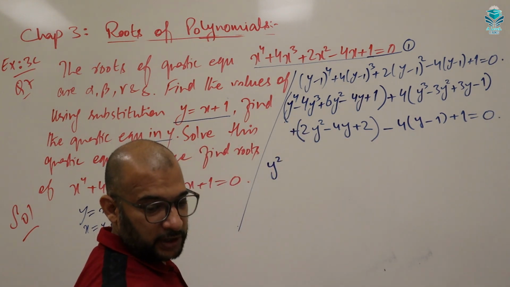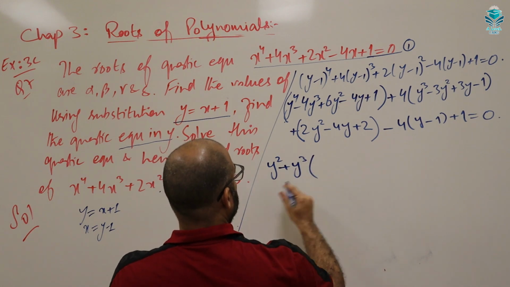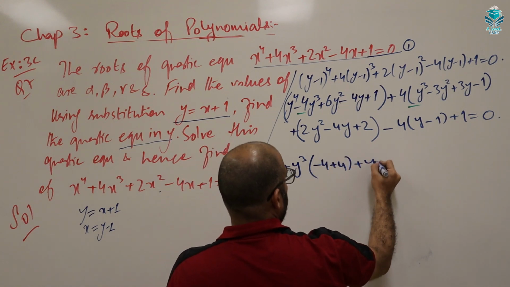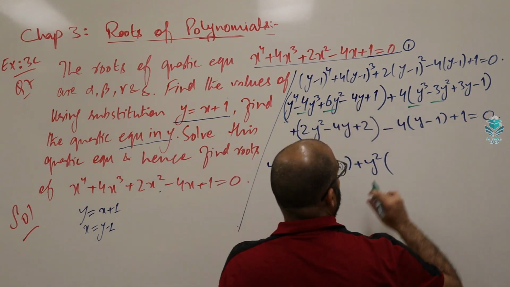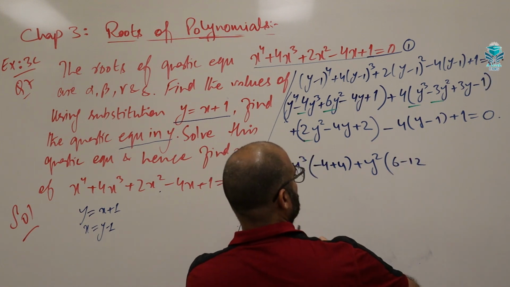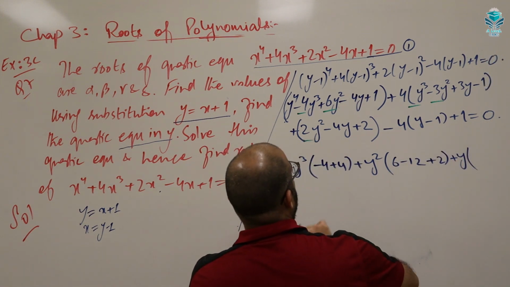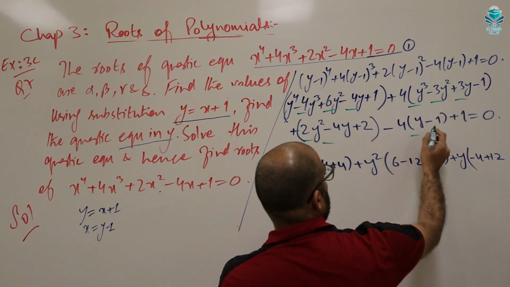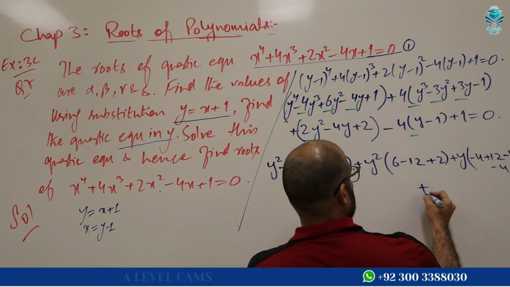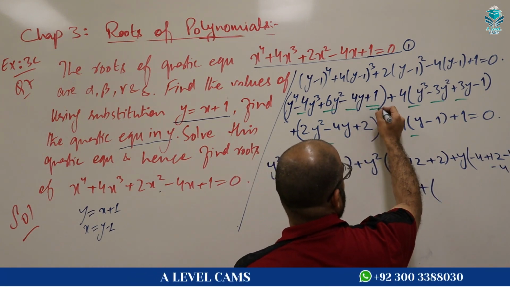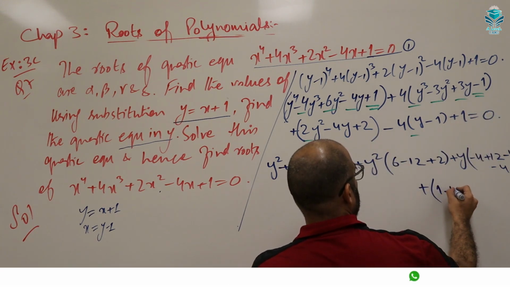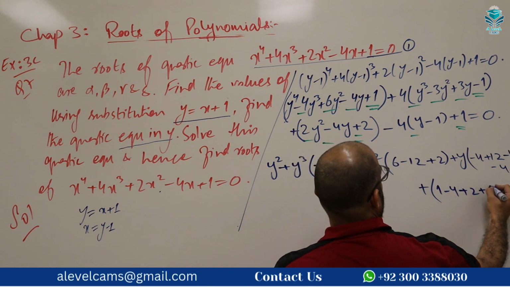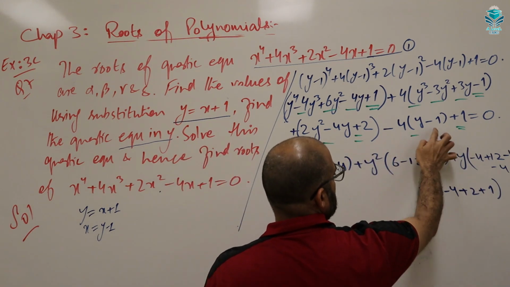y to the fourth has the only coefficient 1, y cubed minus 4, 4 for y squared, 6 minus 12, 2 for y minus 4 plus 12, minus 4 minus 4, and the constant term 1 minus 4, 2 and 1, plus 4.